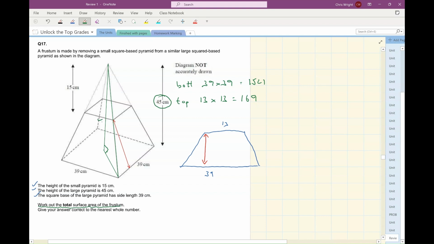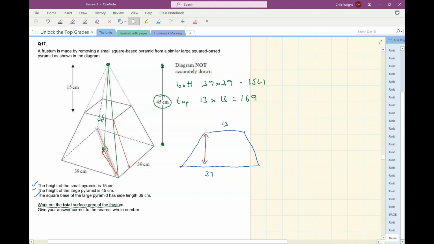So you know that that line from the center of the base all the way up to the apex of the pyramid is 45, because that's the height. Do you know this length, the length of the base of my triangle? Well, you do actually, because it is half of the whole diagonal. It's half of the whole diagonal there.